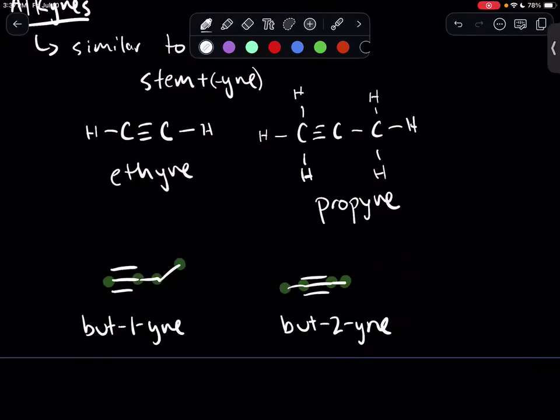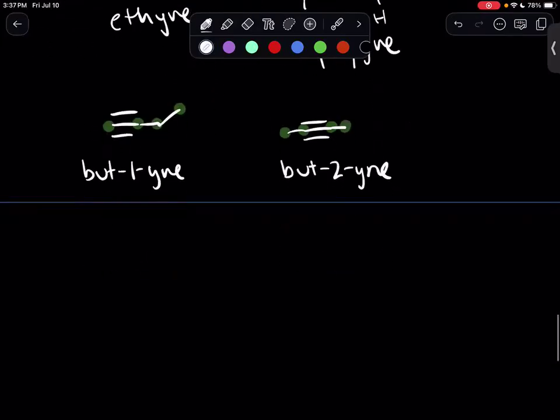We can also, of course, do what we did before with multiple double bonds. So if we have a very large molecule, such as, we'll just go ahead and draw and see what we end up drawing. Why don't we do this? In this case, we have 1, 2, 3, 4, 5 carbons. So this is going to be pent.